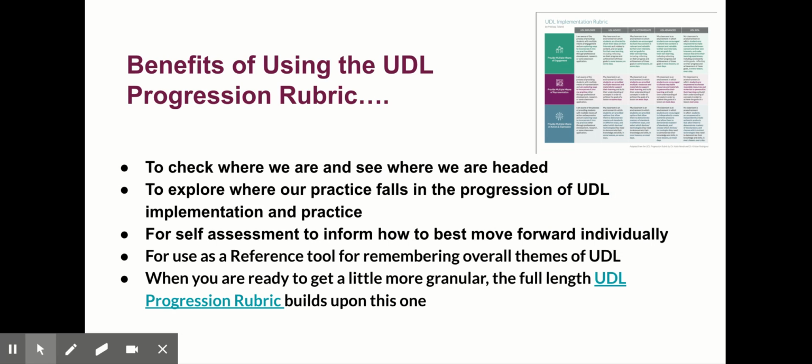When I think about the benefits of using this UDL progression rubric, it really is to see where you are and where you're headed, where your goals are, where you want to be. It's to be able to explore where the practice falls currently. And in terms of using it for self-assessment, it's to see how you want to best move forward individually.